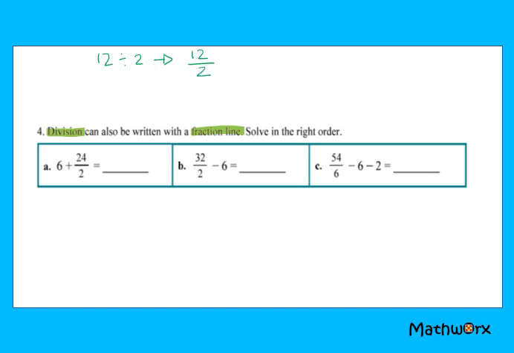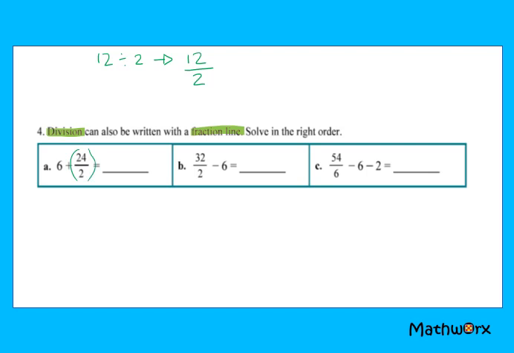Okay, so that fraction line here is the same as saying divide. Let me just rewrite that neater so that you guys can see it. 12 over 2.